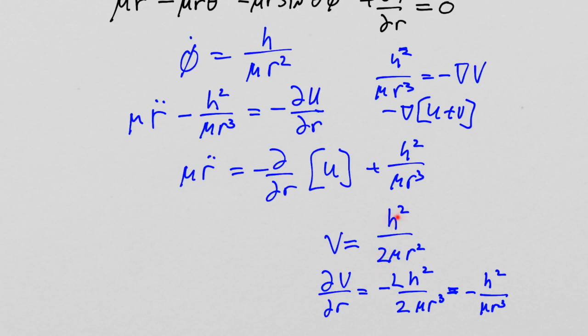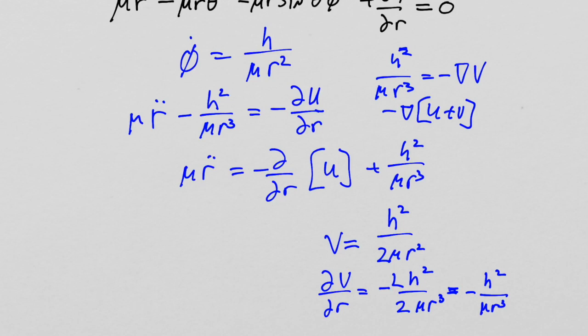Although you could ask questions about how V changes with respect to the changing of the angular momentum. But that aside, this partial derivative is going to be minus 2 times h squared over 2 mu, times r to the minus third power. And the 2's will cancel, leaving minus h squared over mu r squared.